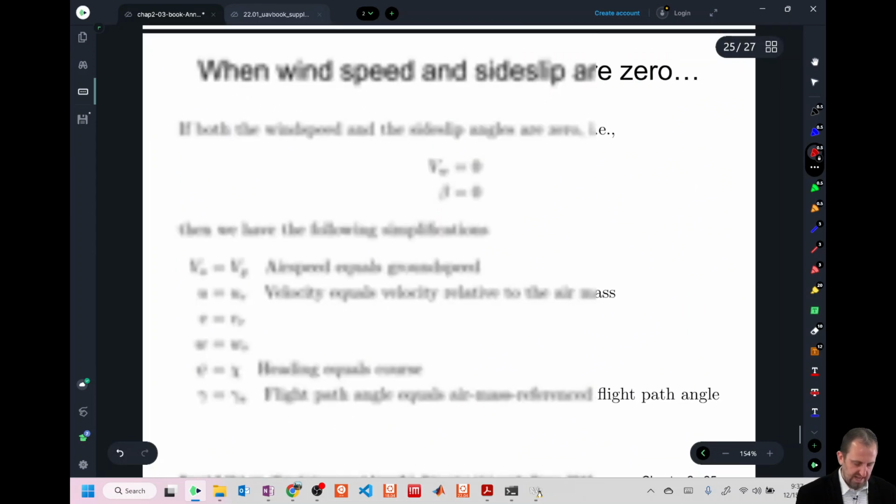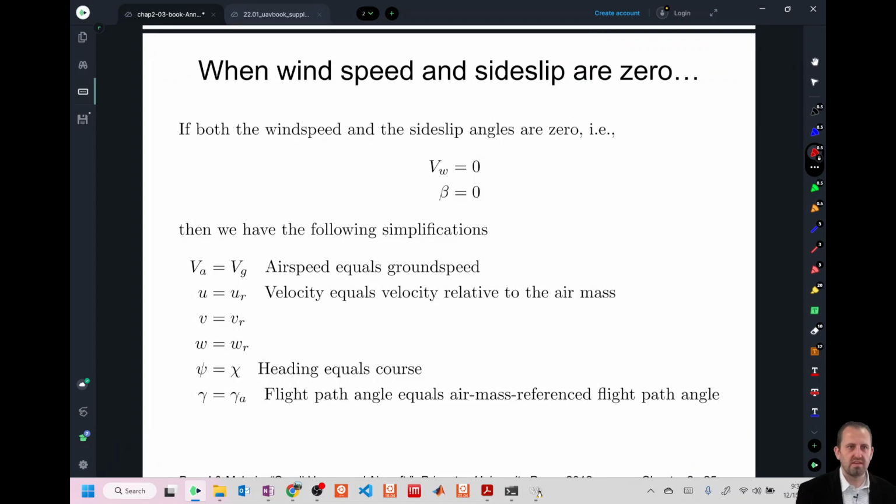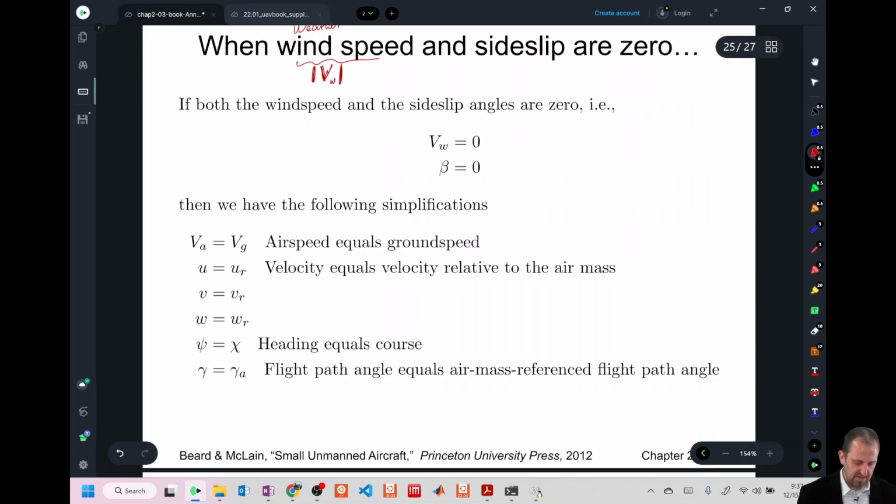Now, one last slide. When the wind speed and the side slip are 0. So when we talk about wind speed, in this case, we're saying that the magnitude of V sub W, so the weather wind, when that is 0, and our side slip's also 0, then we have some really nice simplifications that we'll utilize when we're developing trajectories for the aircraft.